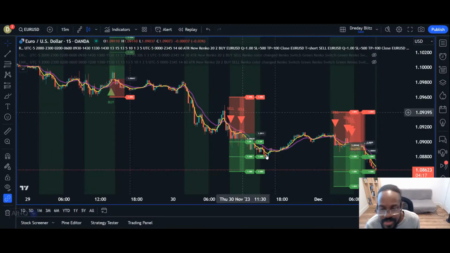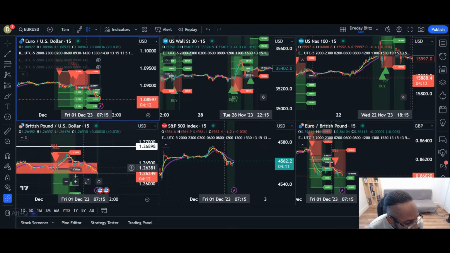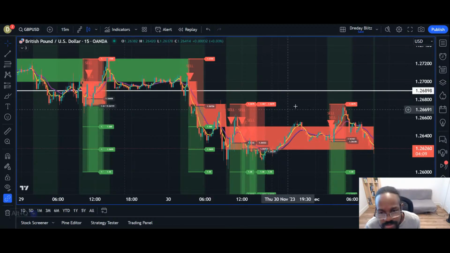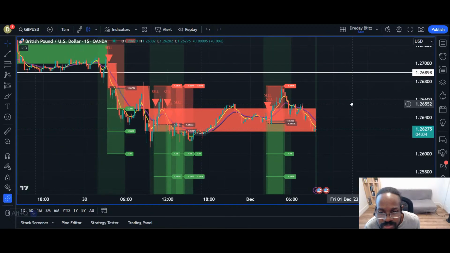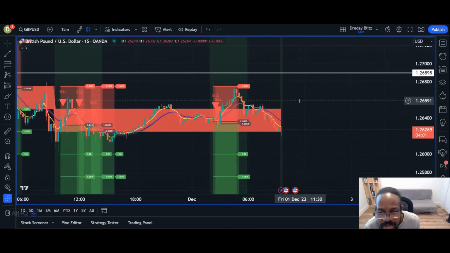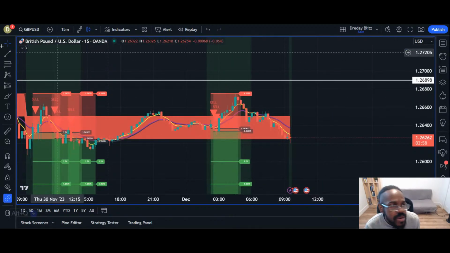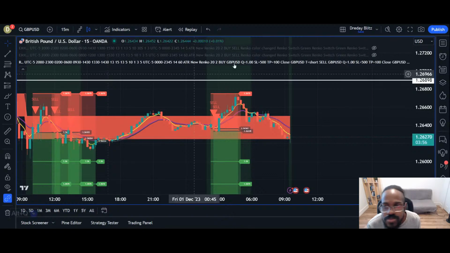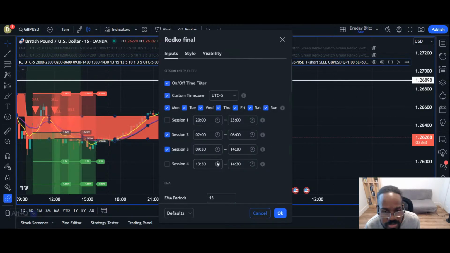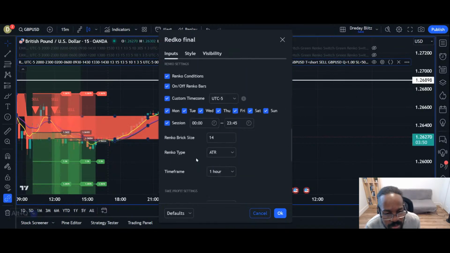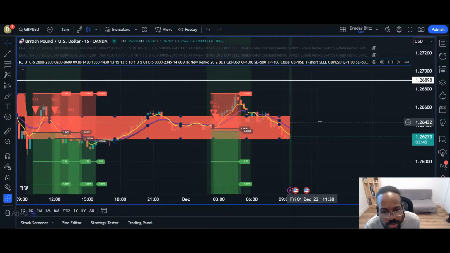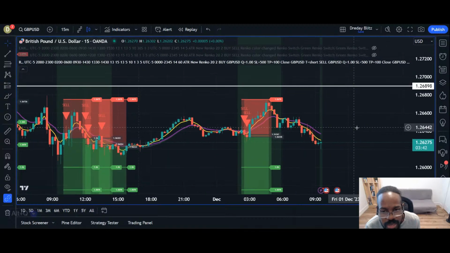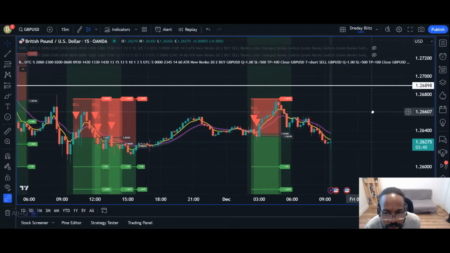And if we look at GU, so GU, we had a few trades that came in. So you had the few sell. I'm just going to remove the background for this one too. So the Renkos, I'm just going to remove the Renkos so you can see the candle. Perfect.